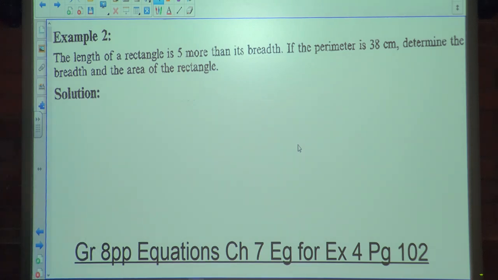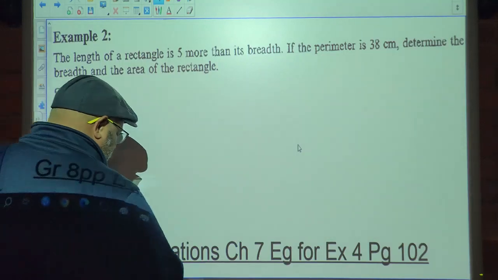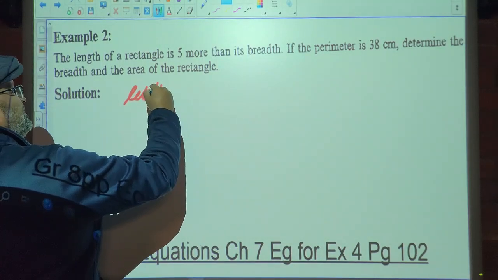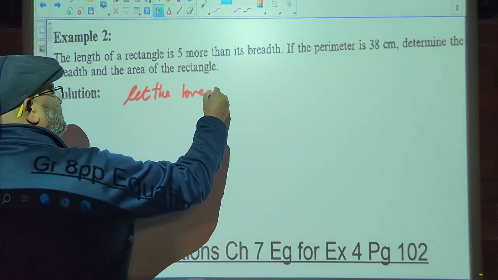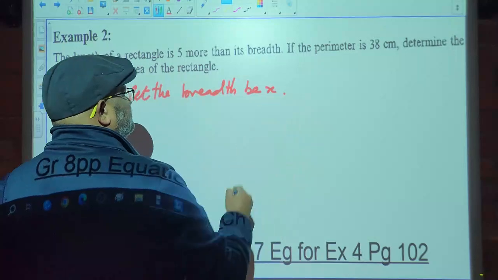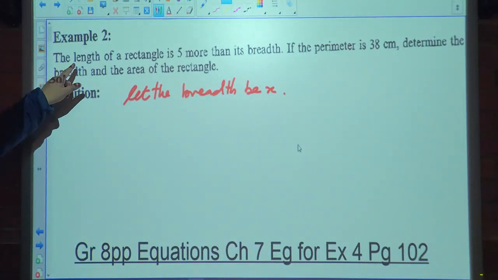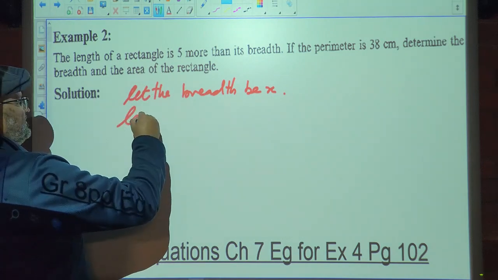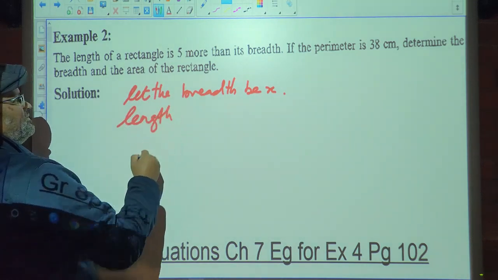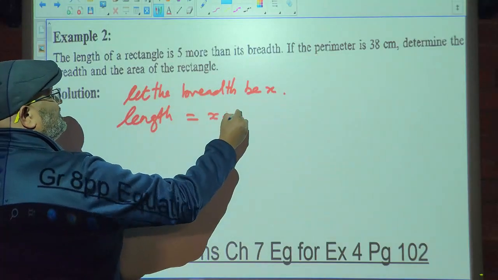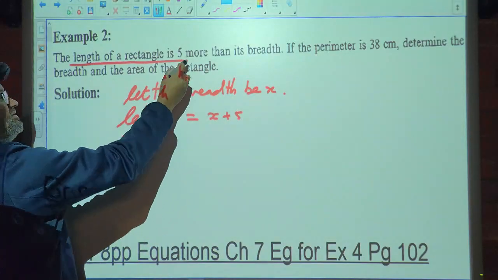So which one is smaller? The breadth. So we say the breadth is x. Again, the length of a rectangle is 5 more than the breadth. So what would the length be? x plus 5. So it's 5 more than.